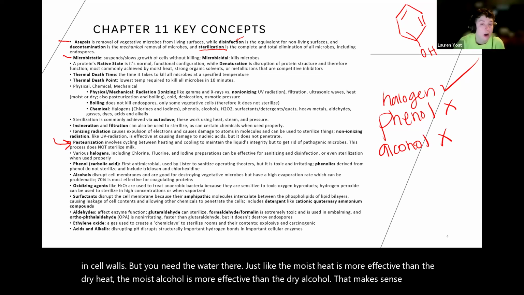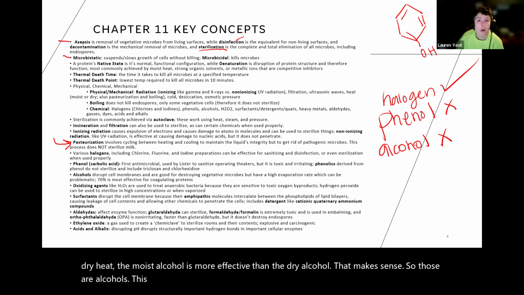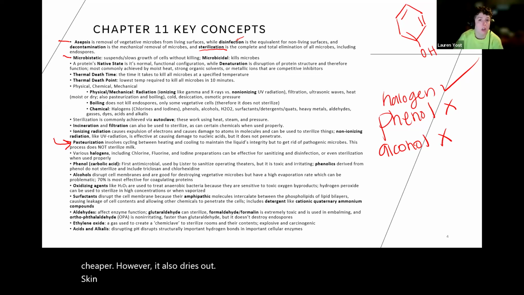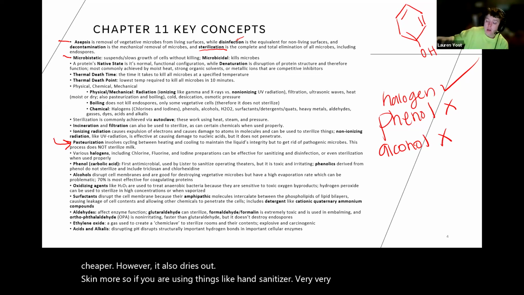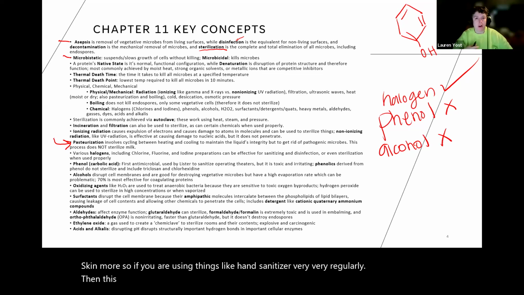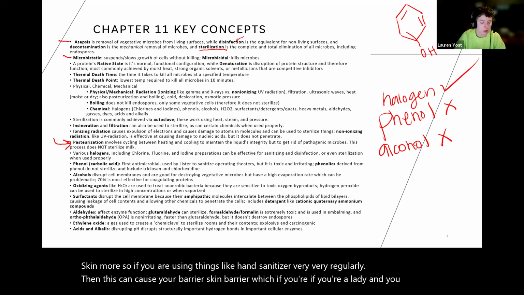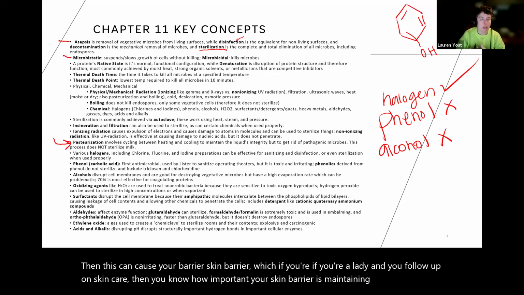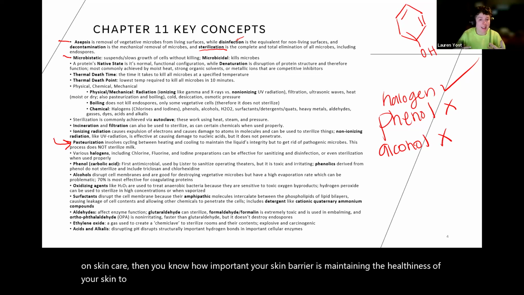So those are alcohols. This includes isopropyl and ethyl alcohol. Isopropyl is more effective and cheaper. However, it also dries out the skin more. So if you are using things like hand sanitizer very regularly, then this can cause problems for your skin barrier, which, if you're a lady and you follow skincare, then you know how important your skin barrier is, maintaining the healthiness of your skin to keep microbes from getting in, as well as just keeping the integrity of your skin healthy.